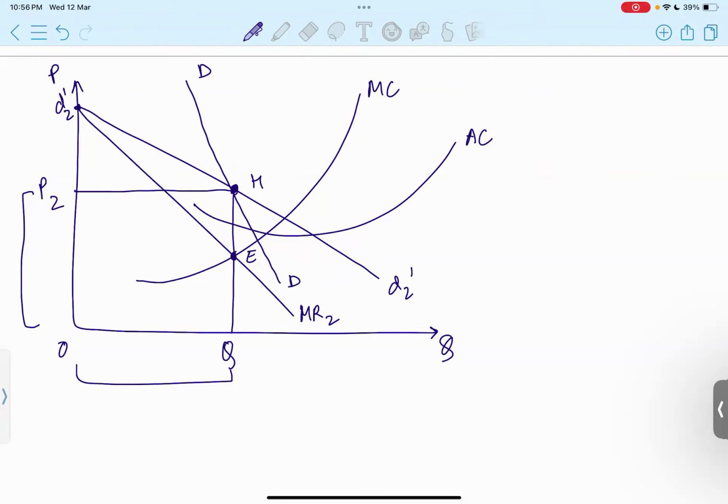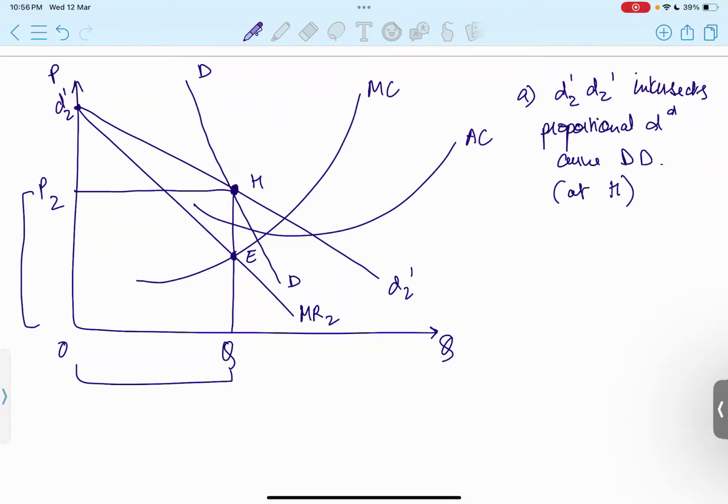So the equilibrium point is E, but when it is extended on the perceived curve, these are two conditions which are to be met under short run equilibrium. First, the perceived demand curve D2 D2 dash, which has been labeled, intersects the proportional demand curve, which is the DD curve, at point H. We're talking about this situation.